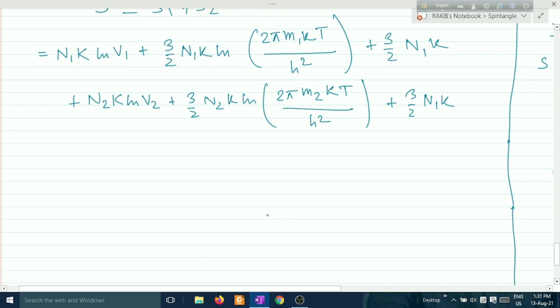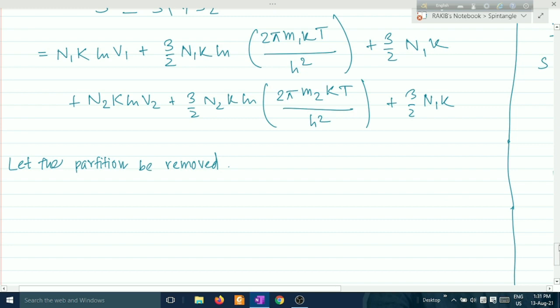Now this is our total entropy of the system before mixing. After mixing, let the partition, or wall partition, be removed.